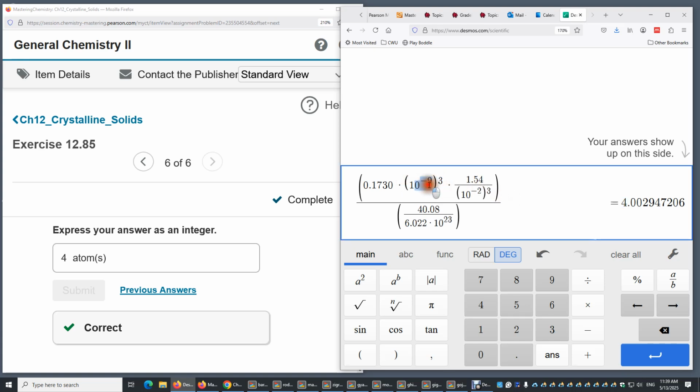I converted 1 nanometer to 1 meter here, and then to the power of 3. I converted 1 centimeter to 0.01 meters here, and we need to take that to the power of 3 on the bottom in the density of calcium.